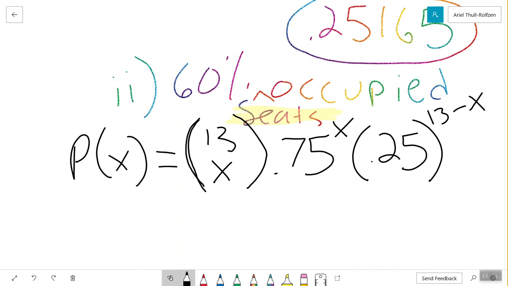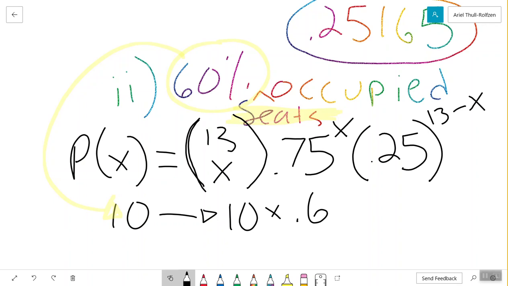So we're going to say, okay, we have 10 seats that we're trying to fill. And it's asking me, okay, if 60% of the occupied seats show up. So I can say, okay, what's 60% of 10? So 10 times 0.6 for 60% is going to be 6 seats.